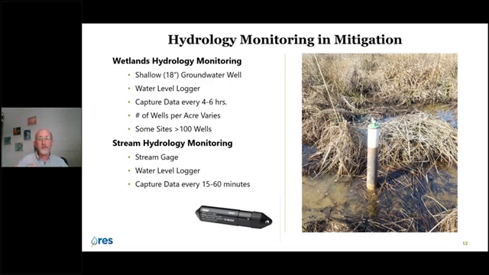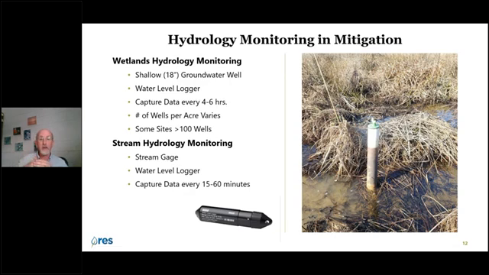For wetlands, traditionally it's a shallow groundwater well. It's only 18 inches deep or so, because we're really focused on the groundwater in that upper 12 inches of the soil. And we almost universally use the water level logger. Onset produces the HOBO. You see a little picture there at the bottom, the little black canister.